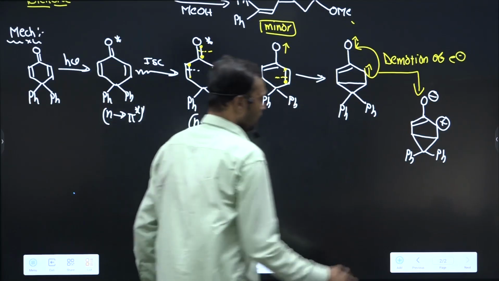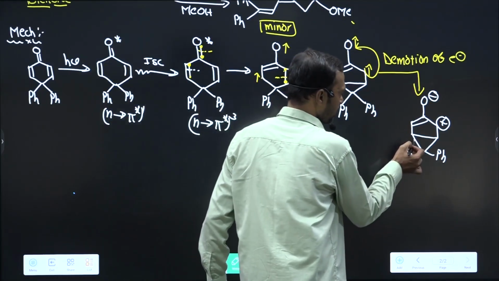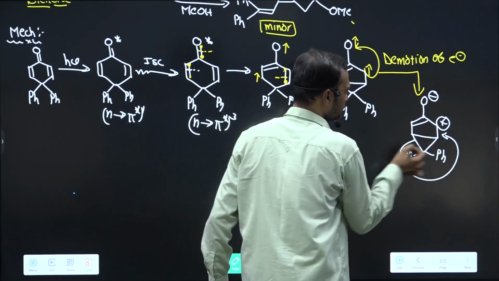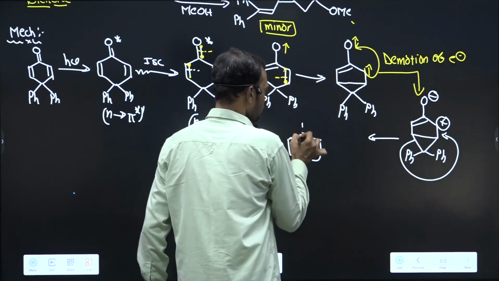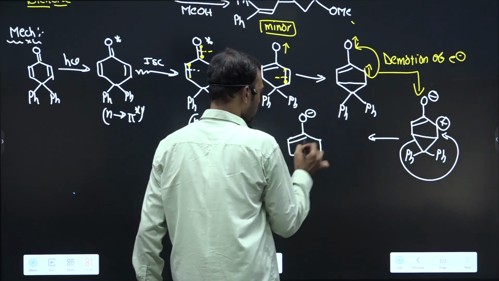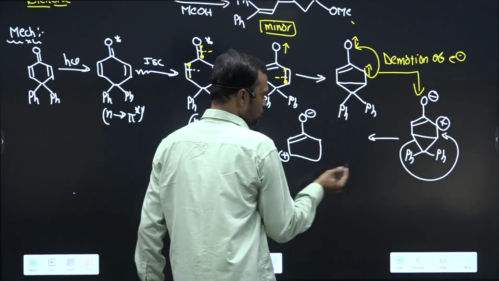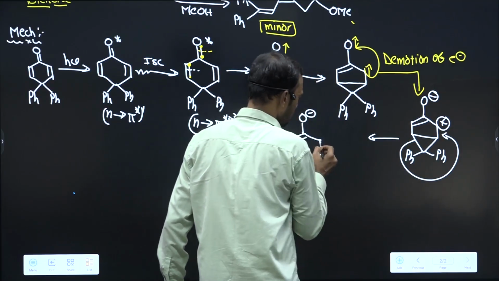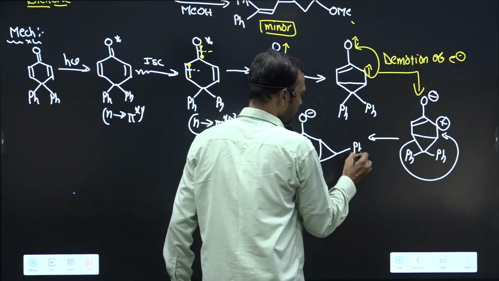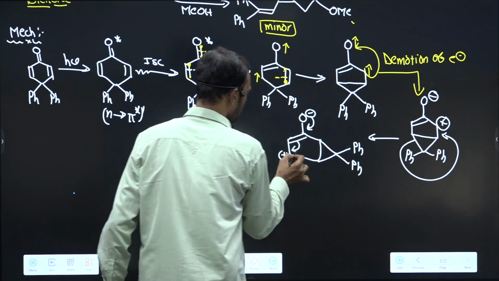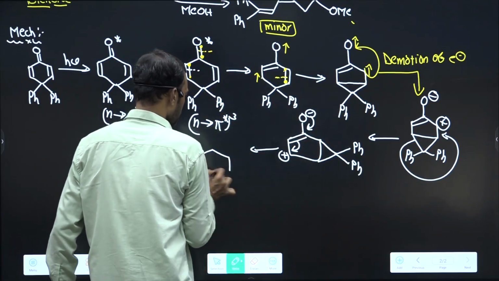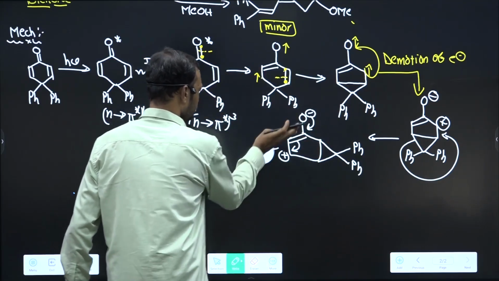Next, break this bond and attach from here to here. After attachment, this carries negative, double bond, and this is positive. If you break this bond and attach here, you will get Ph and this is Ph. This negative charge migrates here, this bond migrates, and finally you get lumiketone.